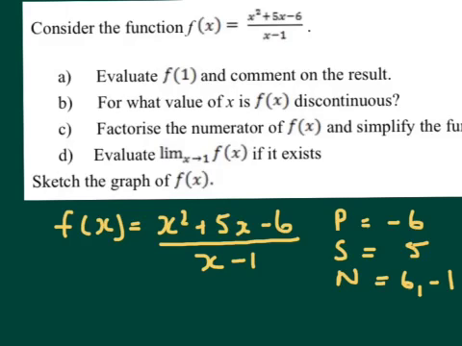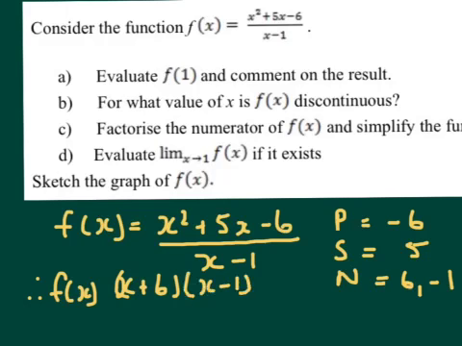So our function, we can say, equals (x plus 6)(x minus 1) all over (x minus 1). And you can see that the x minus 1s are common to top and bottom, so they are just going to cancel out.